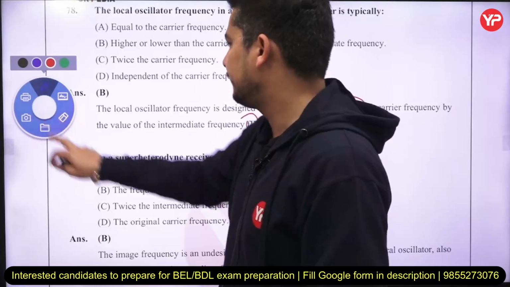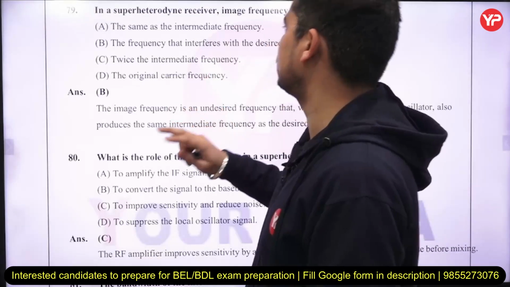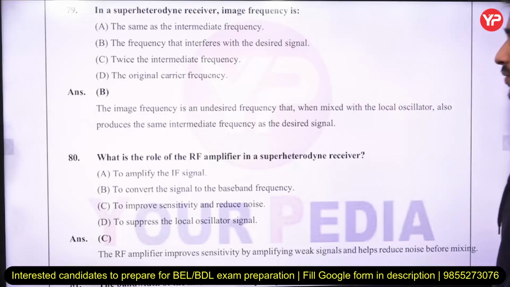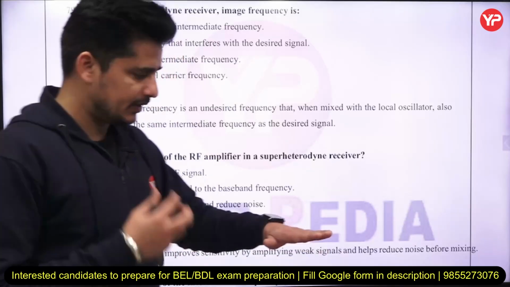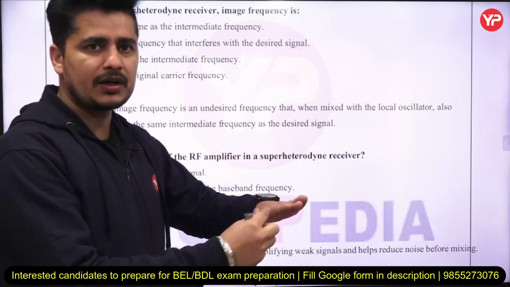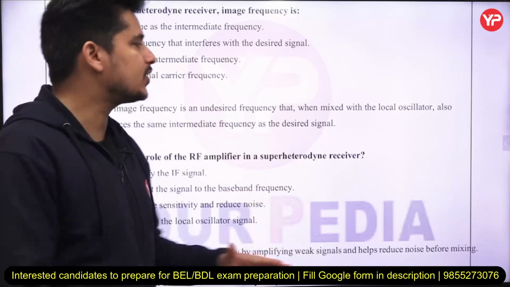In a superheterodyne receiver, the image frequency: what happens when you are converting a station? Let us take, you have a station here, you convert that station to the IF, but some image station will also be converted to the same frequency.